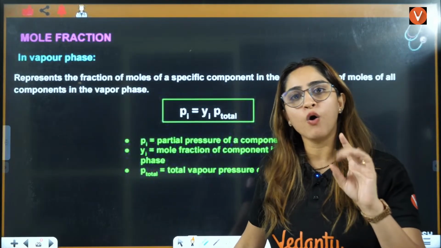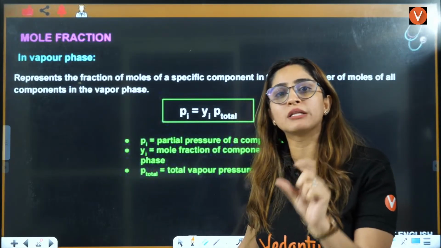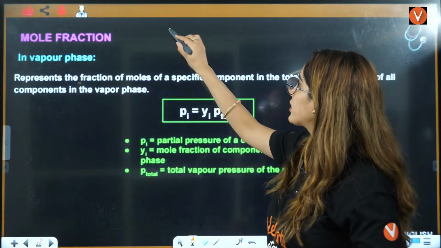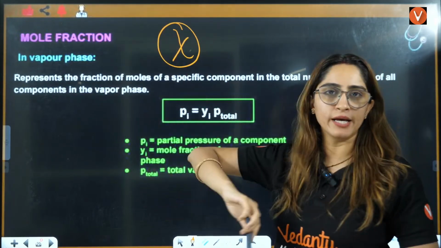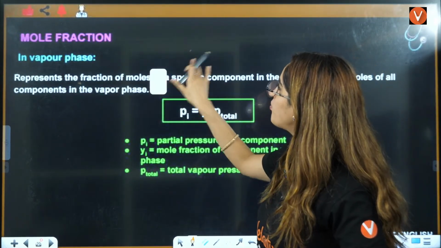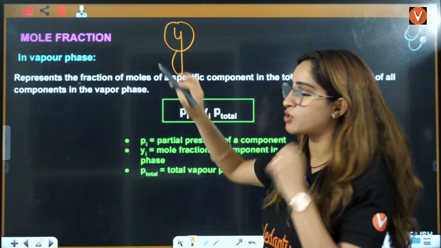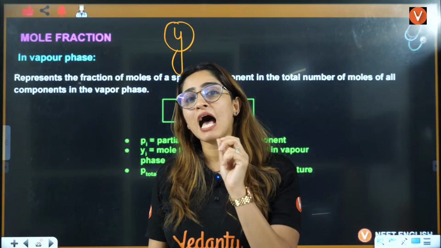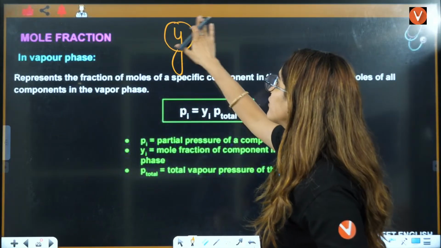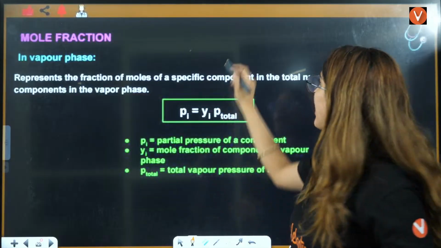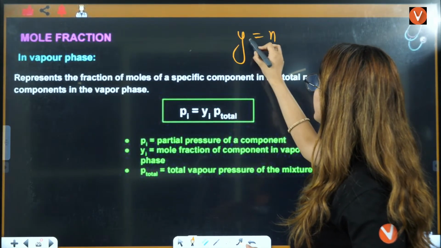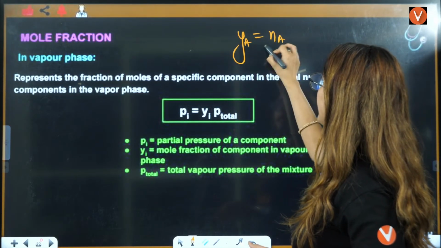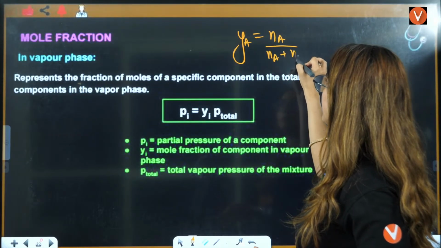Okay, now I have talked about mole fraction in the liquid phase. That was denoted by this symbol here. Now let's talk about mole fraction in the vapor phase. That is denoted by Y. Now how will you calculate that? Y also has Na. Let's say I'm counting it for A. This will be Na by Na plus Nb.